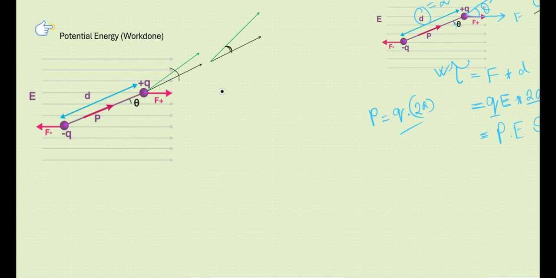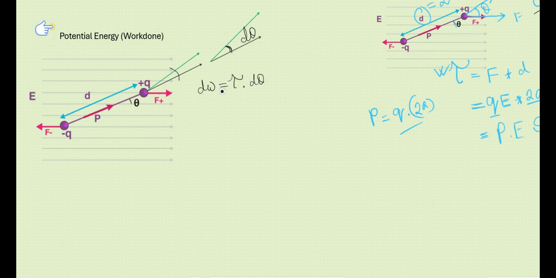Here is a small amount of angle d theta against the torque working on it. Obviously when it's rotating, it means there is a torque experienced against the dipole, and due to this rotation a small amount of work has been done. So the amount of work done is equal to the torque and the small amount of angle.